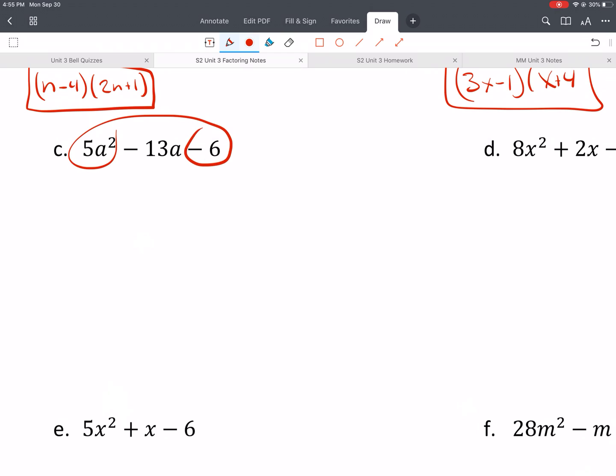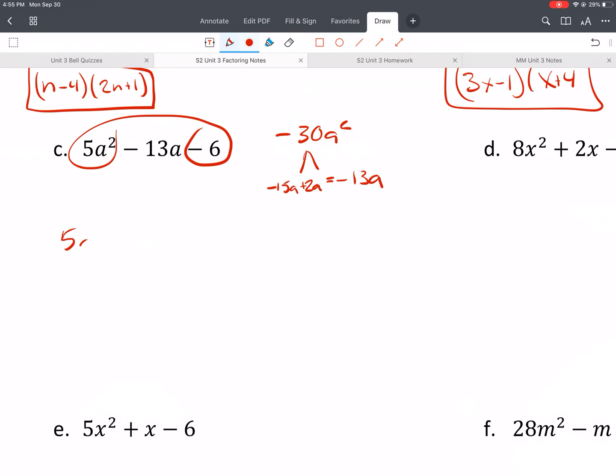Again, negative 30a squared, adding up to give us negative 13a. The difference between those two is 13, so something like 2 and 15 would probably work. So negative 15a plus 2a.